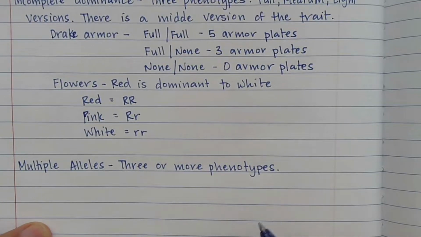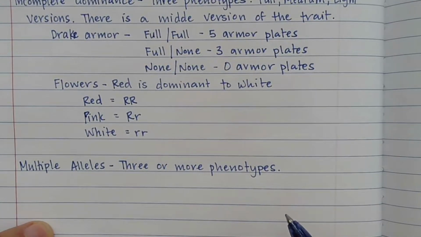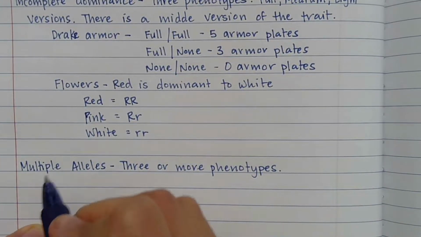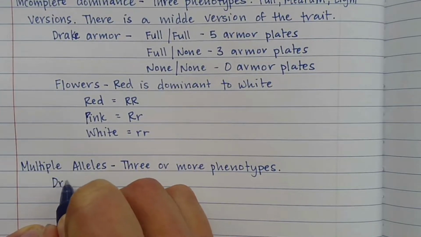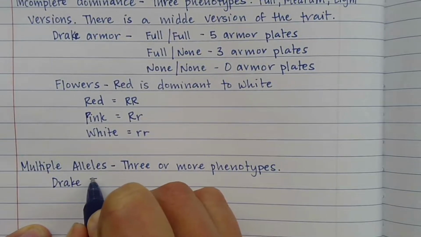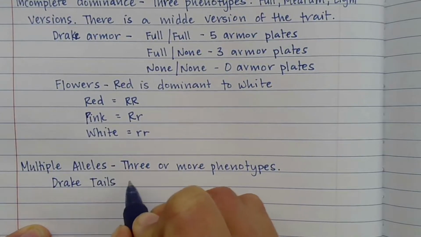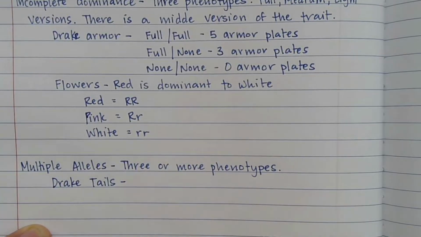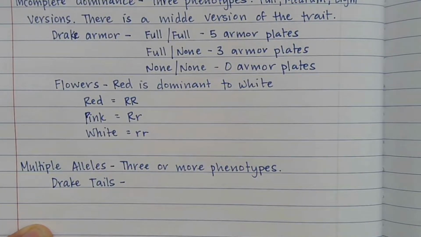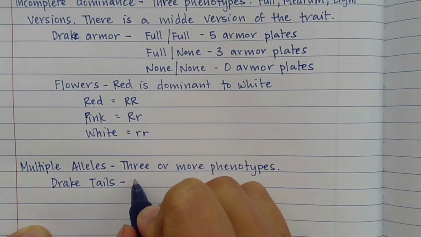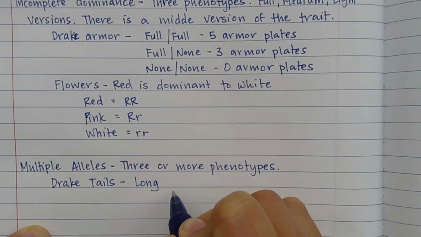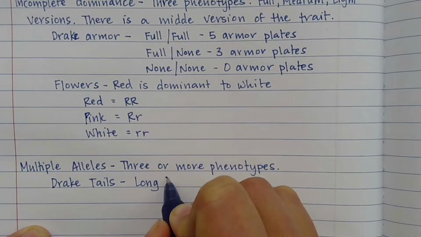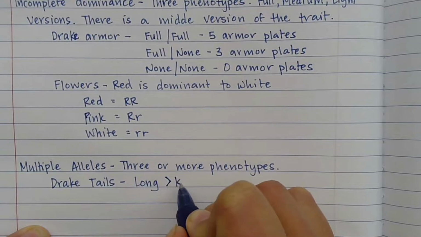So this time, we're going to look at our Drake game, and specifically Drake tails. If you've been playing through Mission 6, you know what I'm talking about here. So my alleles for Drake tails is you can have a long tail, and long tails are dominant to kinked tails.